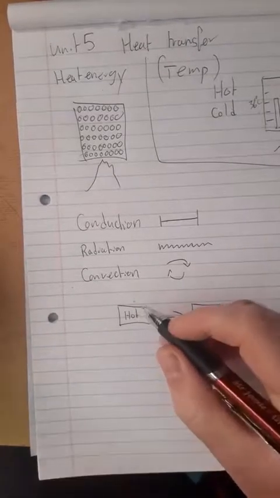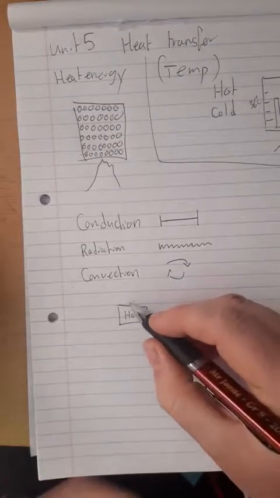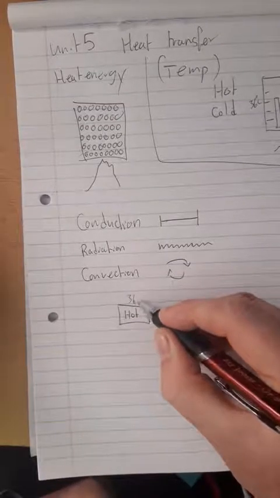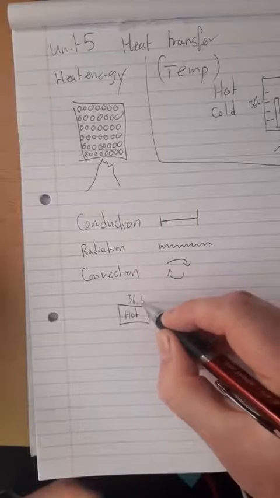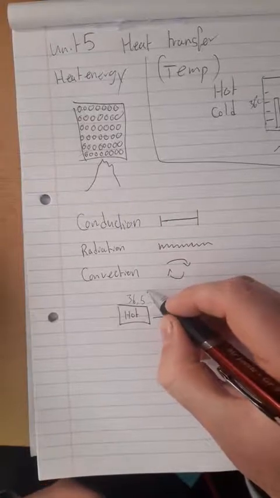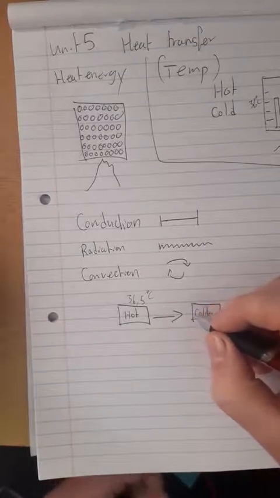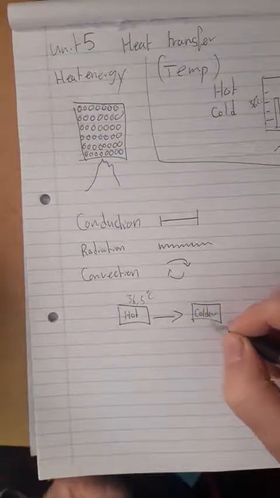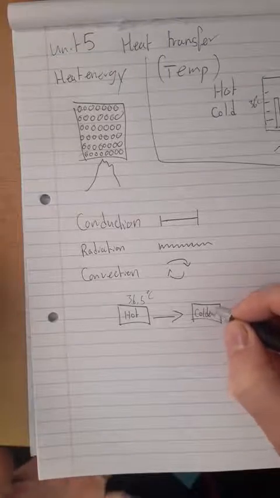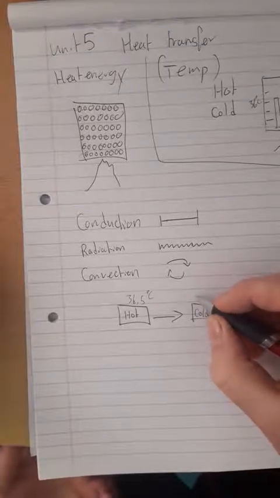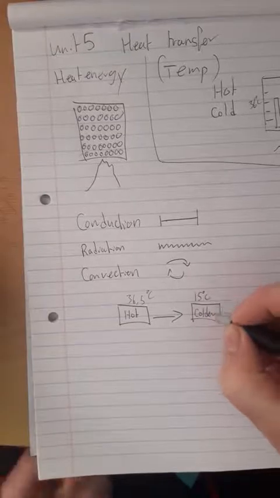So let's say, for argument's sake, a human being is usually 36 degrees Celsius, all right, between that range, 36 and 37. So let's say 36.5 degrees Celsius, all right. And then let's say that person had a bunch of coins in their hands, and the coins were left out at room temperature and they were a lot colder. So let's say the coins were 15 degrees Celsius, just for argument's sake.